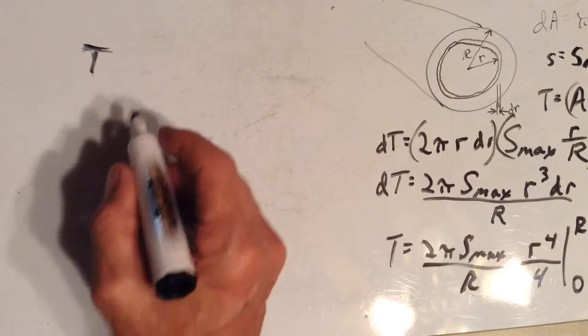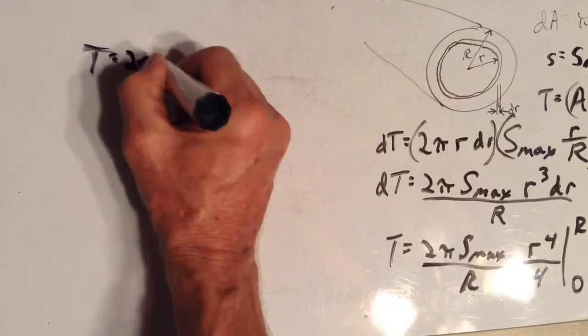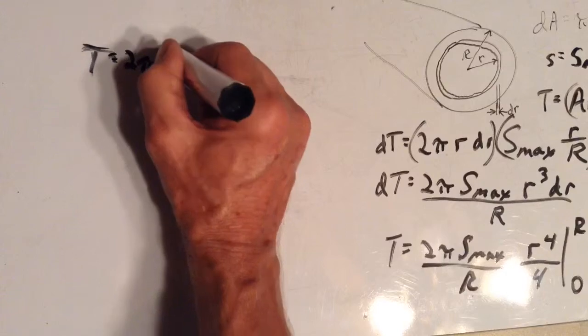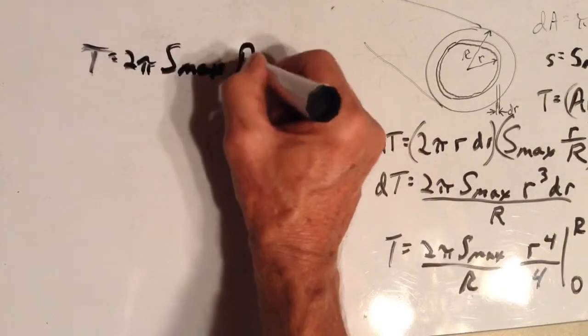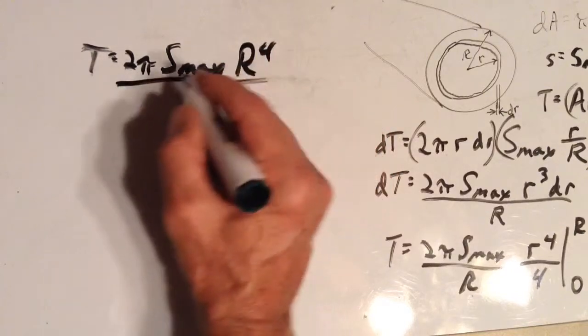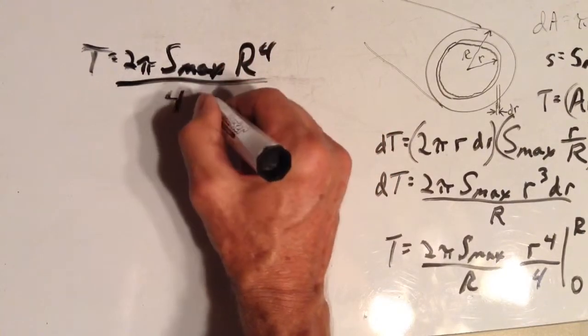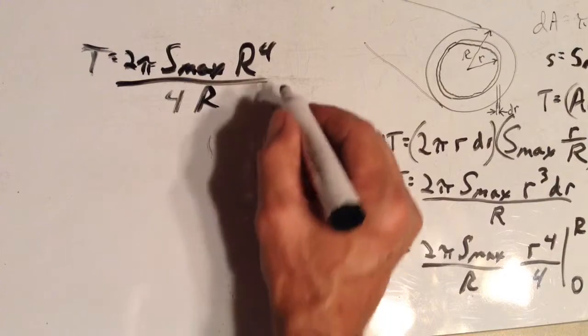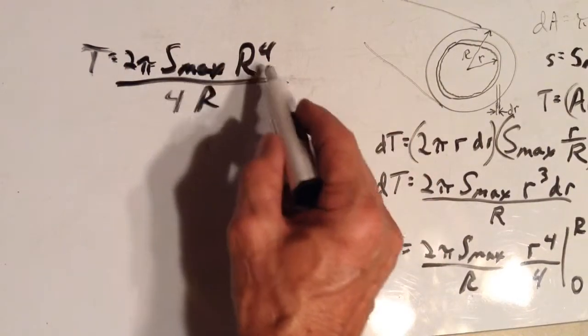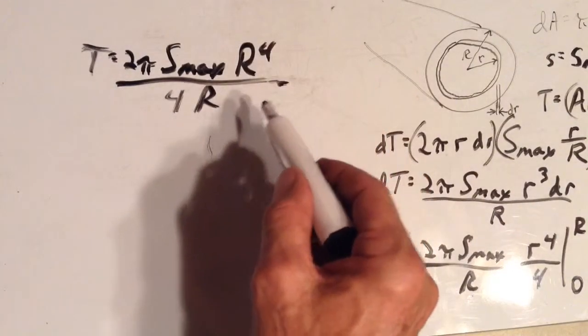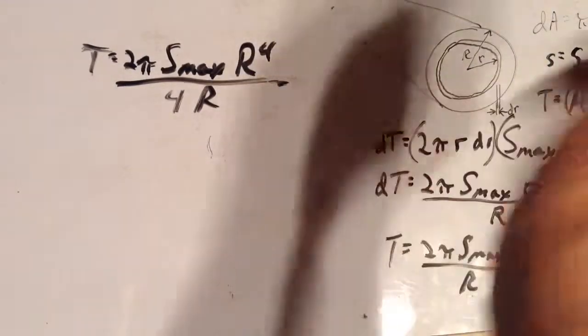equals 2 pi S max times capital R to the 4th over 4 times capital R, minus 2 pi times S max times 0 to the 4th over 4R, so we might as well just forget that.